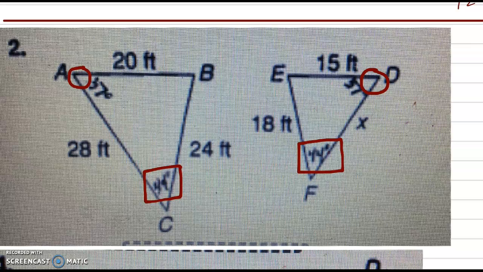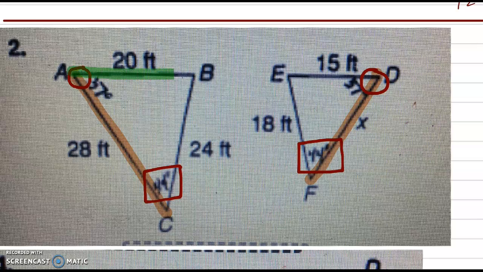So now, when I have to figure out my corresponding sides, it's easier. I know that from the circle to the square on each shape is going to be corresponding. So from circle to square is corresponding. Okay? And then I also know that from the circle to the angle that isn't labeled is also going to correspond.